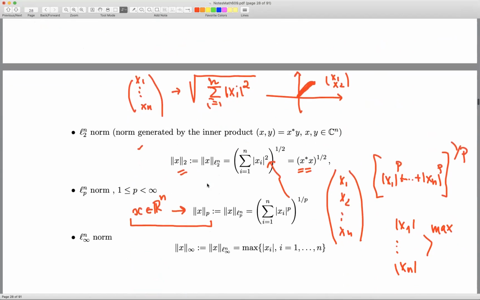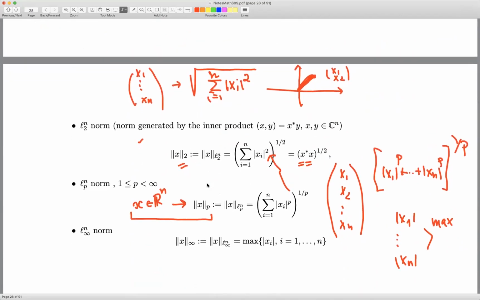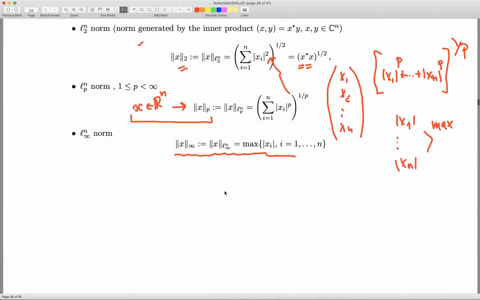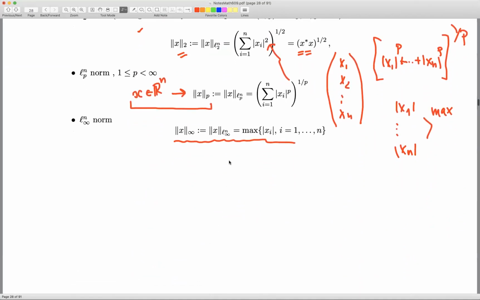We showed only that the infinity one is a norm. We went through the proof, but in general, one has to show that all these mappings are norms. And if we would like to look at the closed balls for these norms, what is happening is the following. We'll do the picture in R2.